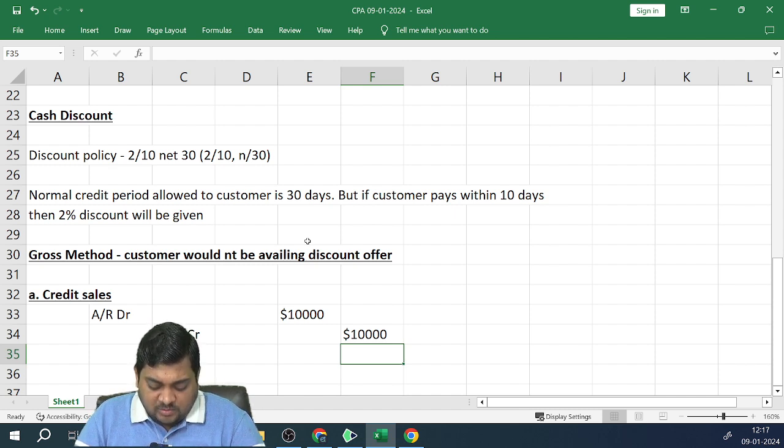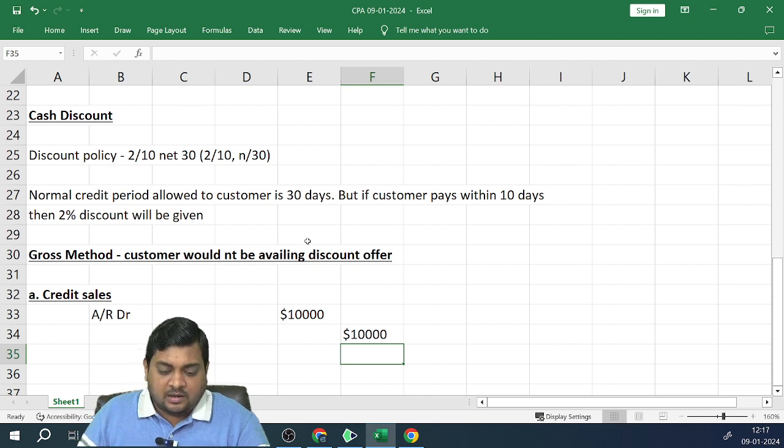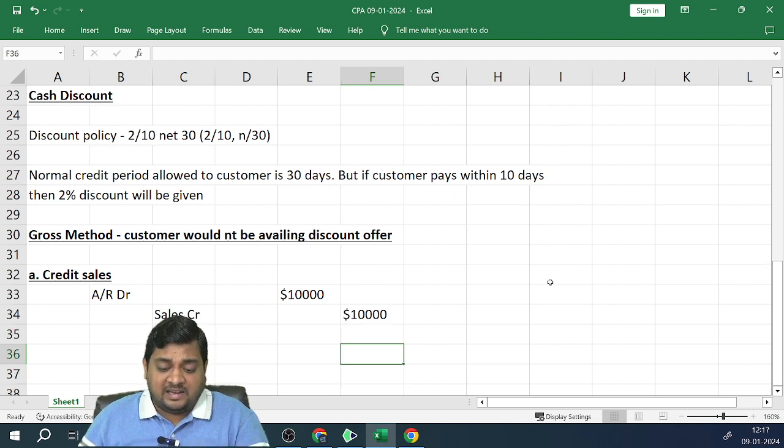So here we are assuming that the customers would not be availing the discount. Now, since you are following the gross method, there might be a case that customers pay you within 10 days.